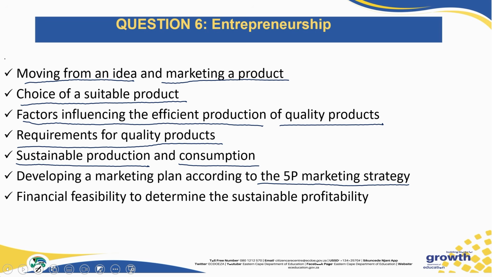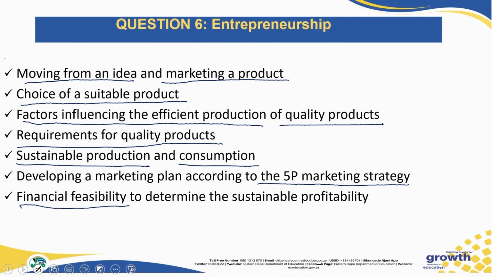You must prepare yourself, grade 12s, for the 5P marketing strategy. You must know your 5Ps, be able to link the 5Ps to the extract, or you must be able to provide examples for each P of the marketing strategy. Lastly, grade 12s, you must know the financial feasibility to determine the sustainable profitability.